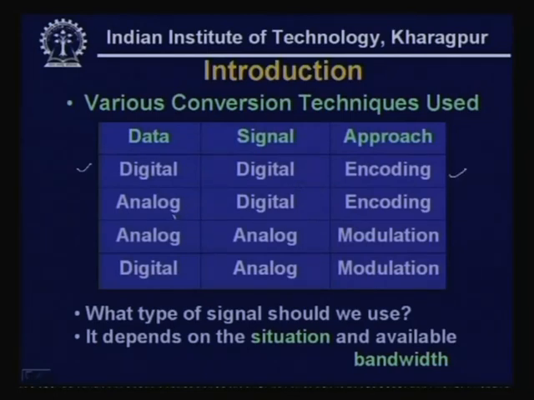Similarly, you can have analog data which can also be converted into digital signal by suitable encoding. Then you can have analog data which can be converted into analog signal by suitable modulation technique, as we shall discuss later in this lecture. Then we can have digital data which can be converted into analog signal by suitable modulation techniques. So, these are the various options available to us.